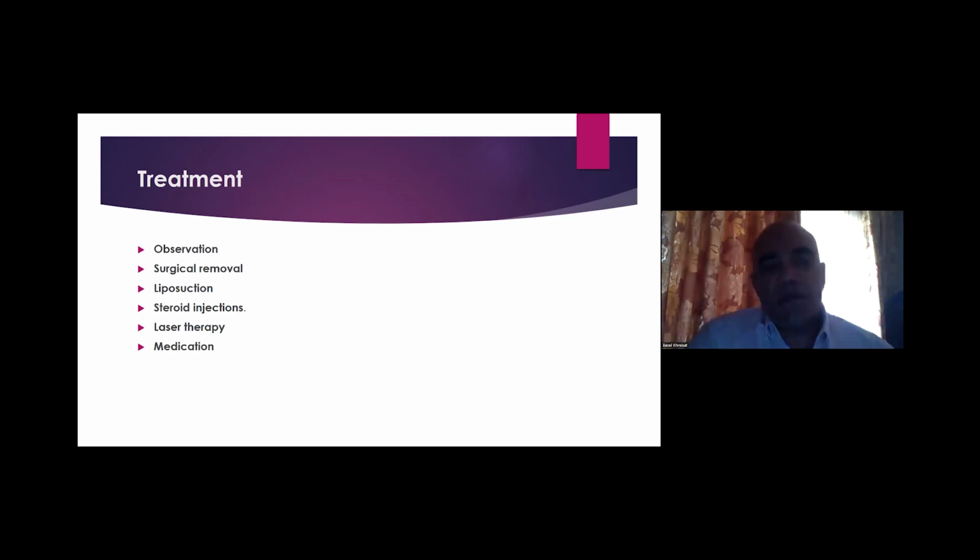Sometimes we use liposuction through a small incision and a narrow tube, if it's large or deep within the surrounding tissue. Sometimes steroid injections could be used to decrease the inflammatory process and cause shrinkage of the lumps if they are small, but they are not a permanent treatment.